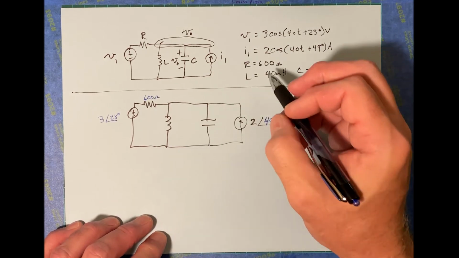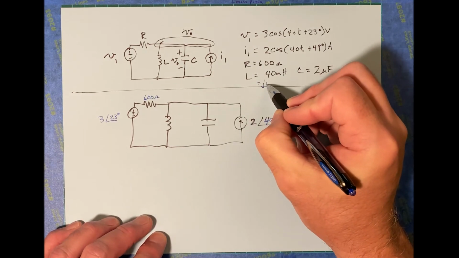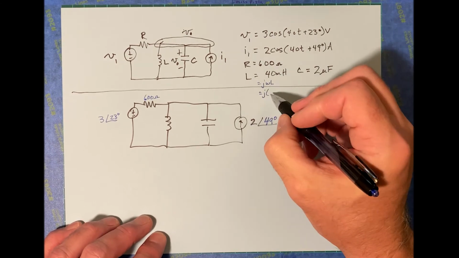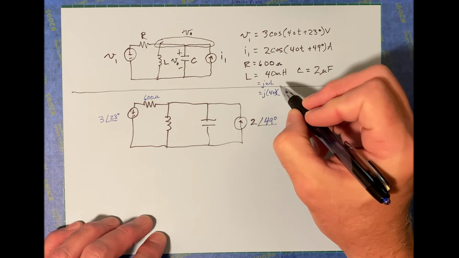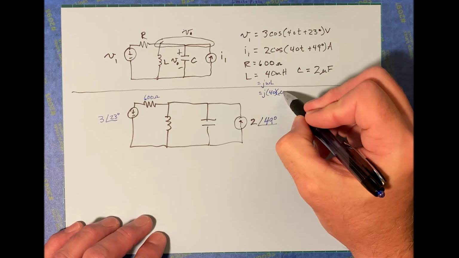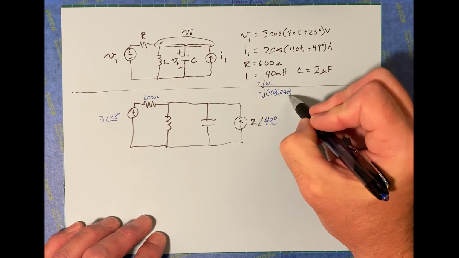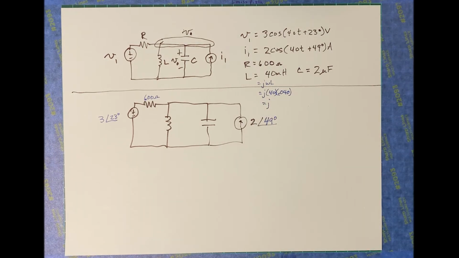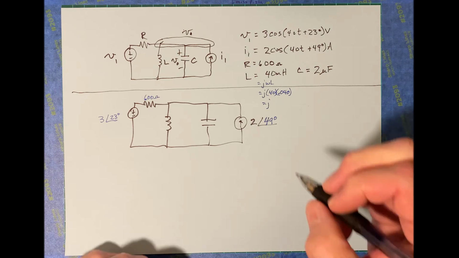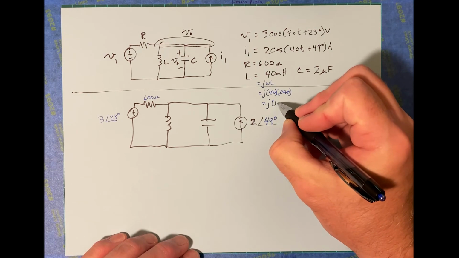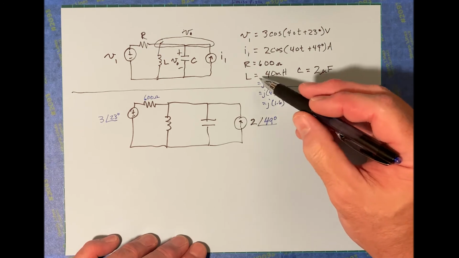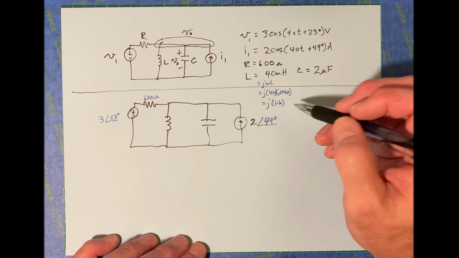The L is going to be J omega L, so that's J times omega, which is 40, times 0.040, and that turns out to be J times 1.6. Now that's what L is in rectangular format.